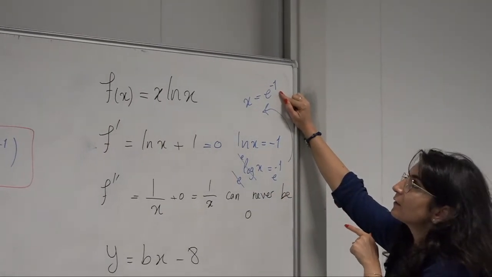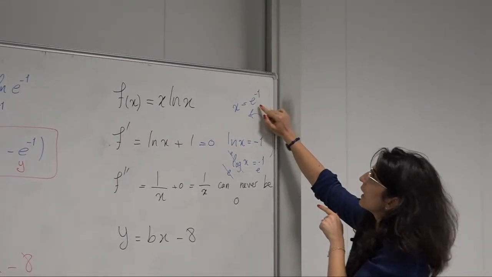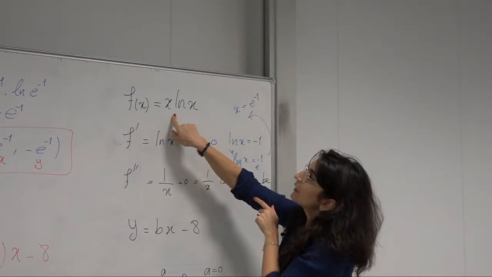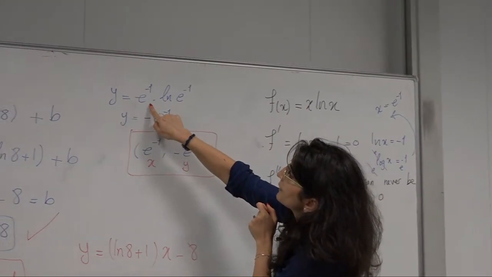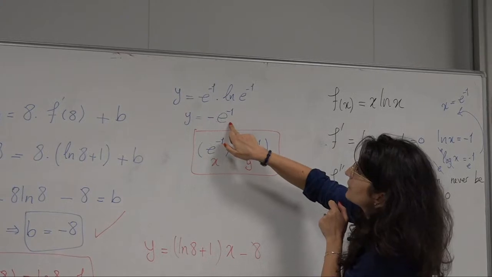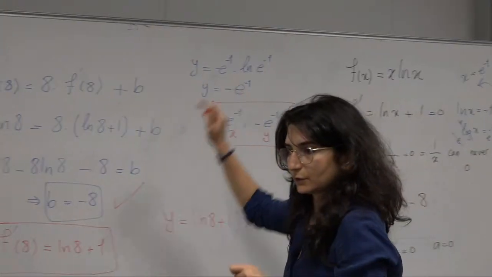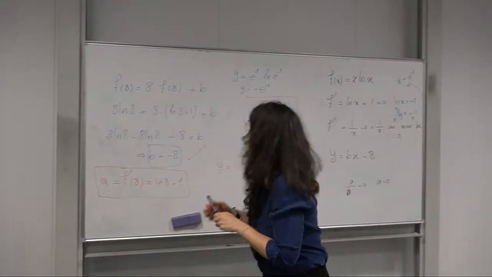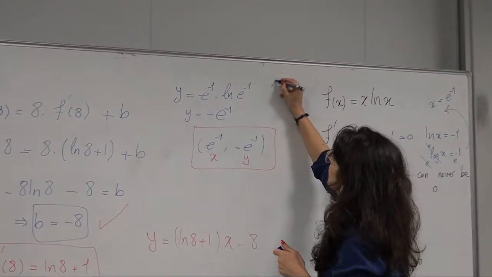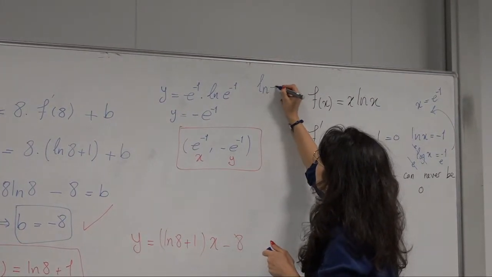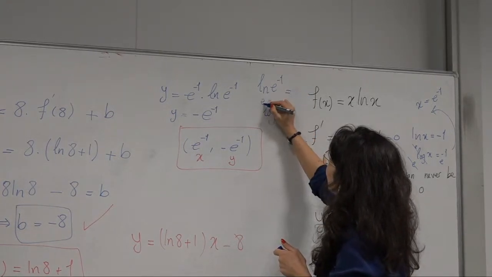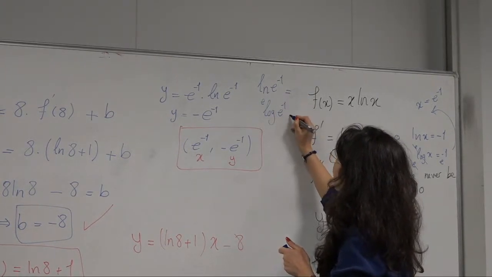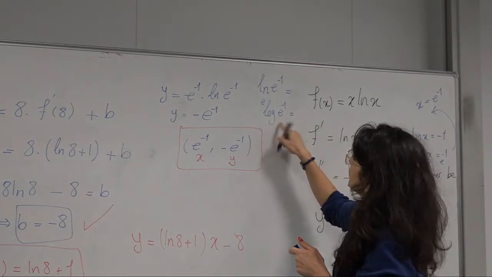Is it clear? And then since my x is here, I put this x in here and then I calculate y like this, because this one is itself, it doesn't change, but this one, ln e to the minus 1, is equal to log base e of e to the minus 1. And this one is equal to what?